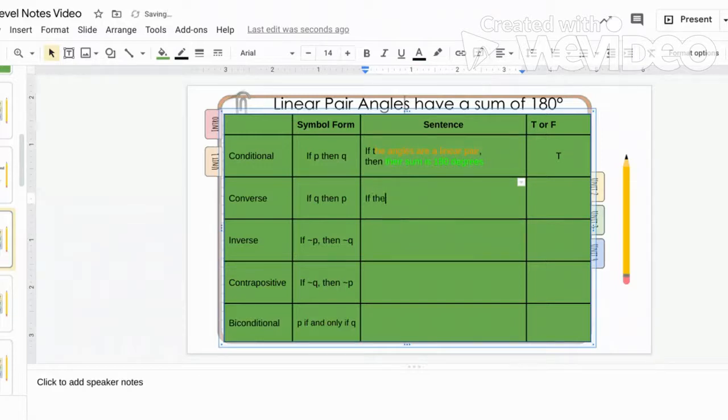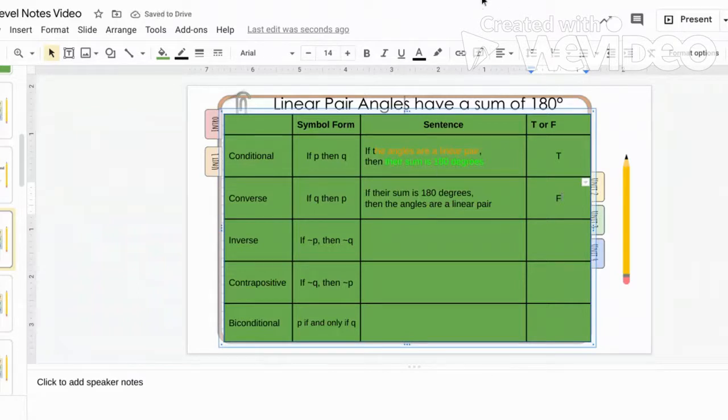So if their sum is 180 degrees, then the angles are a linear pair. So this one's a little bit harder because if they add up to be 180 degrees, they could be a linear pair. But not all angles that add up to 180 degrees are a linear pair because linear pairs have to be adjacent. So this statement is false.